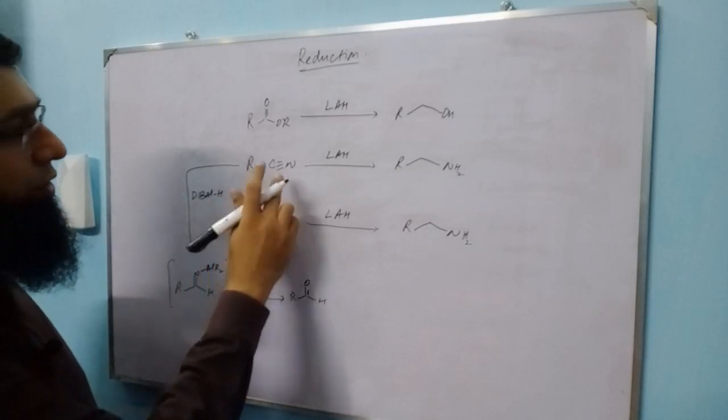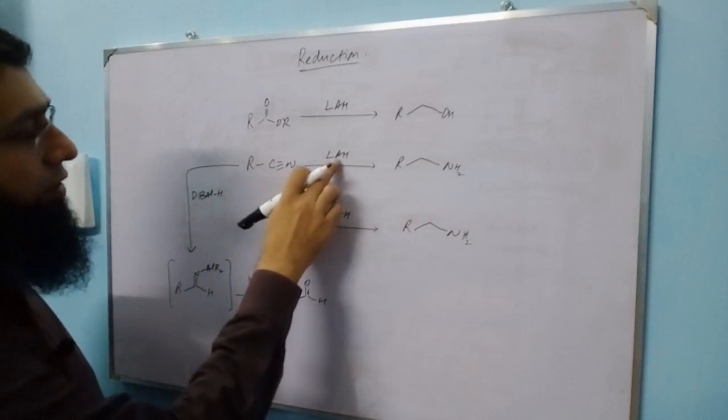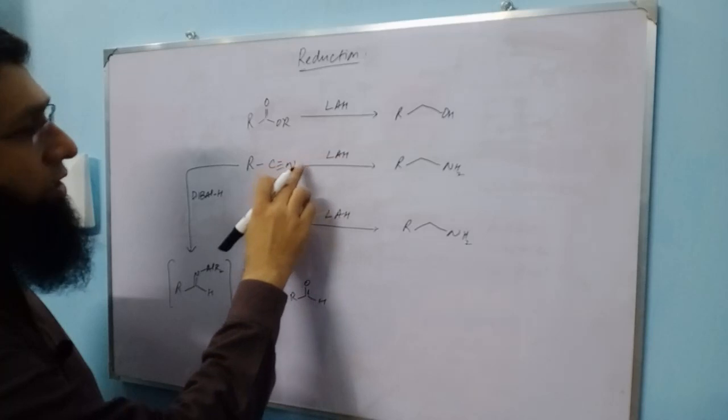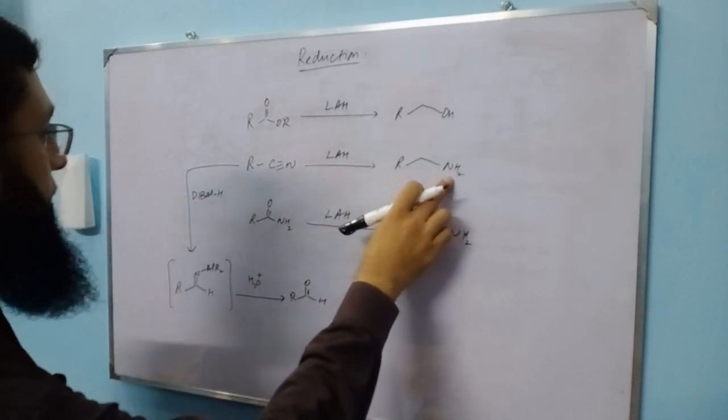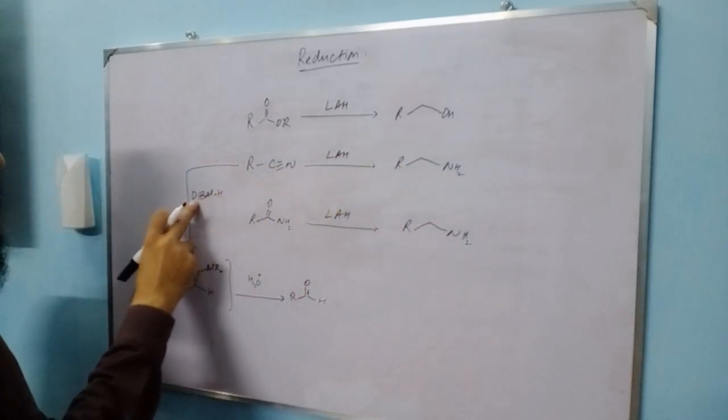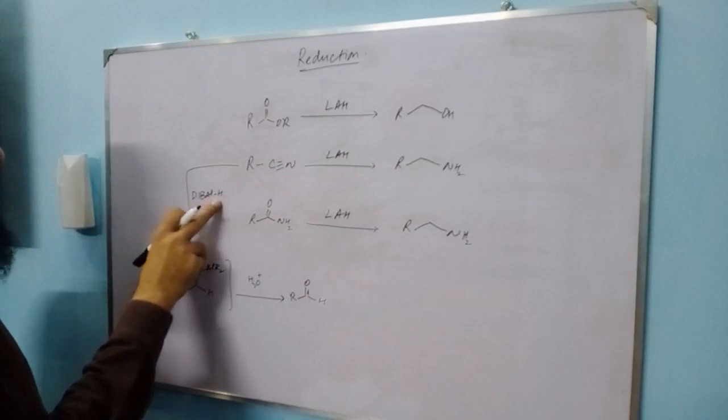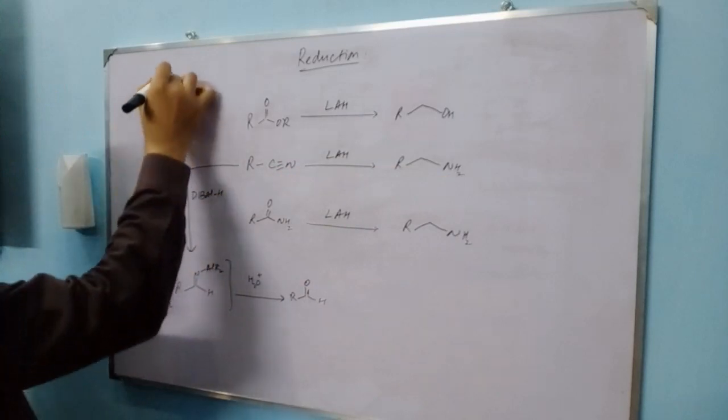Nitriles can be reduced in two ways, using lithium aluminium hydride or a strong reducing agent to the corresponding amine, or we can selectively reduce using diisobutyl aluminium hydride. So this is called DIBAL-H.